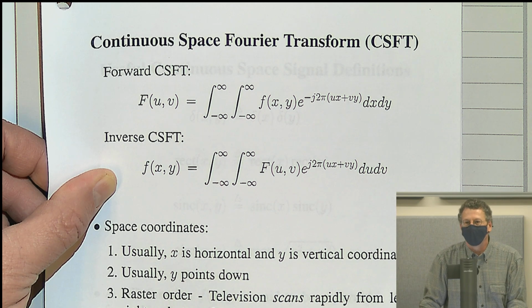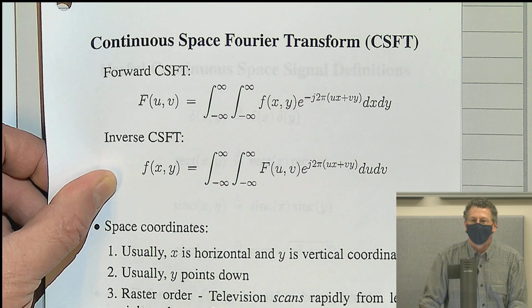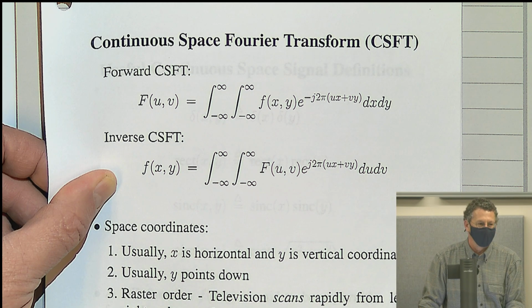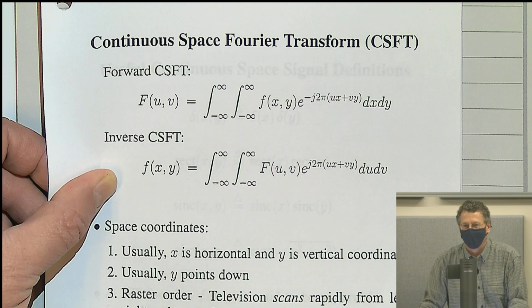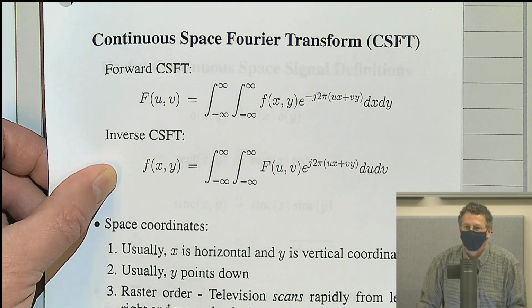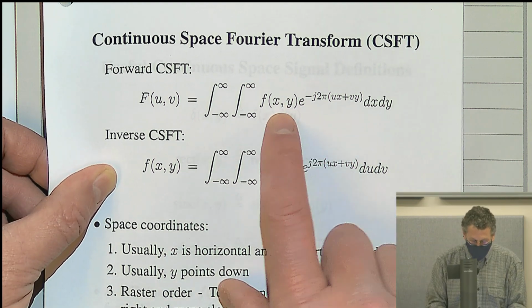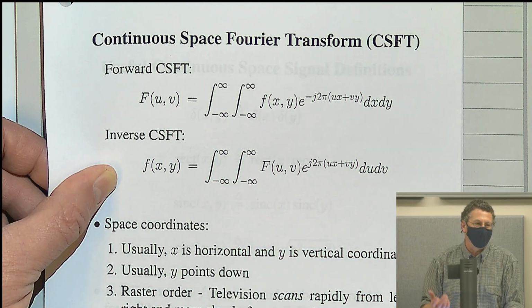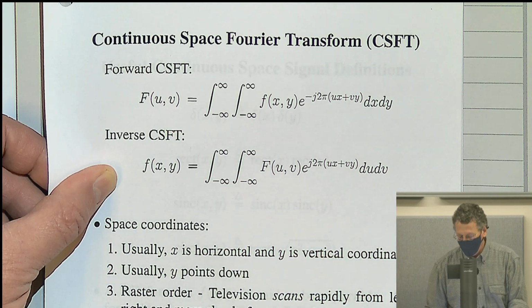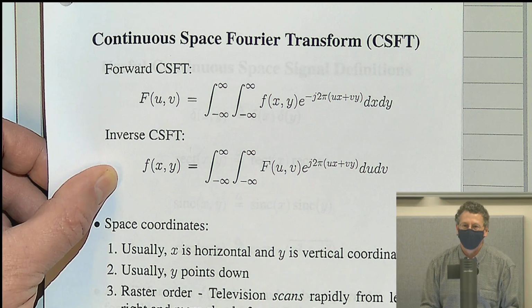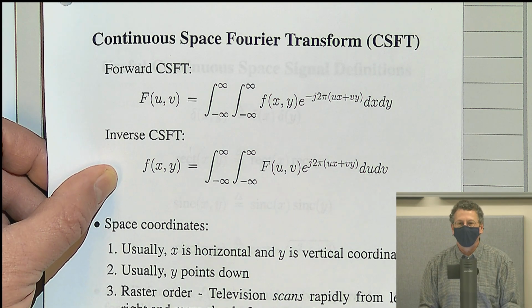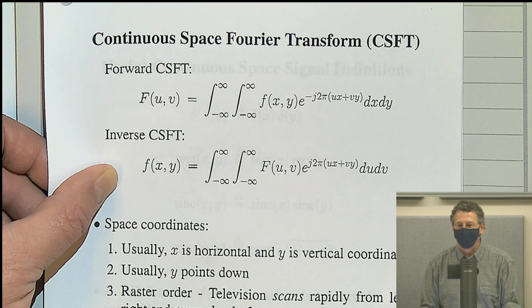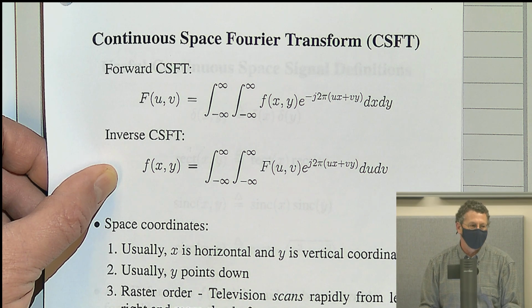All kinds of resources. I understand mathematically this may not be super intuitive if you haven't seen it before. In fact, it's probably not intuitive at all. But the idea is that you decompose the signal in terms of its frequency components. The essential concept is that any signal, in some sense of approximation, which is pretty strong, can be represented as a sum of sine waves at different frequencies.